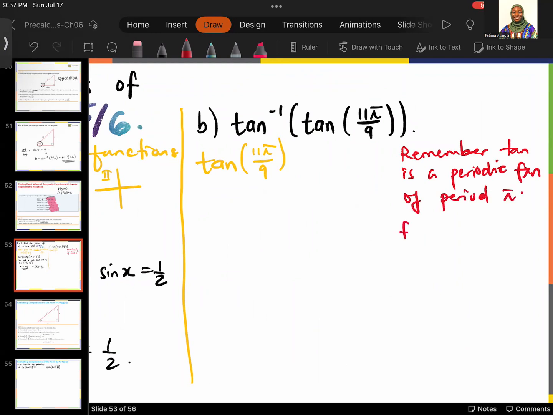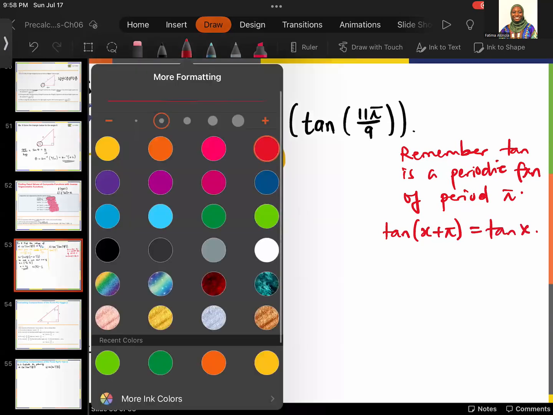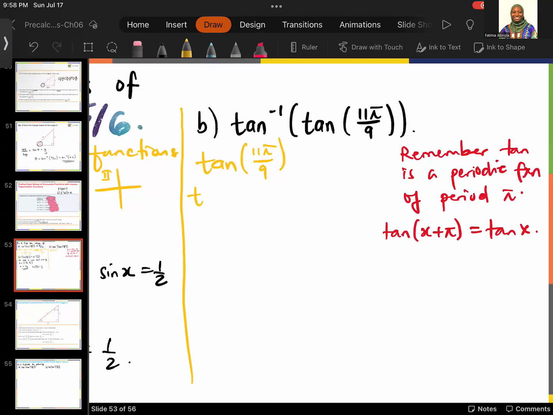So what this means is, in this case for tangent, tan of x plus pi is equal to tan of x. And so if I use that, I can say that tan of 11π/9, which is equal to tan of 2π/9 plus pi, is equal to tan of 2π/9.